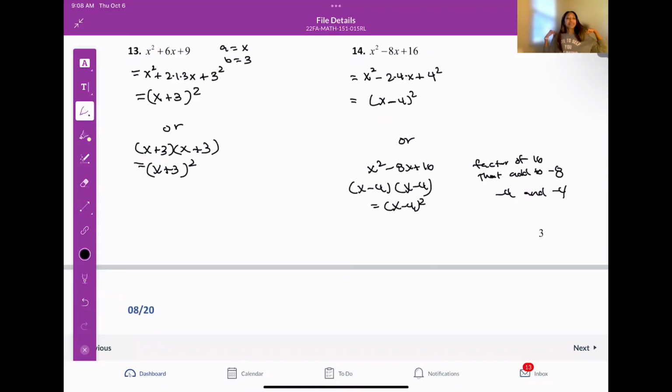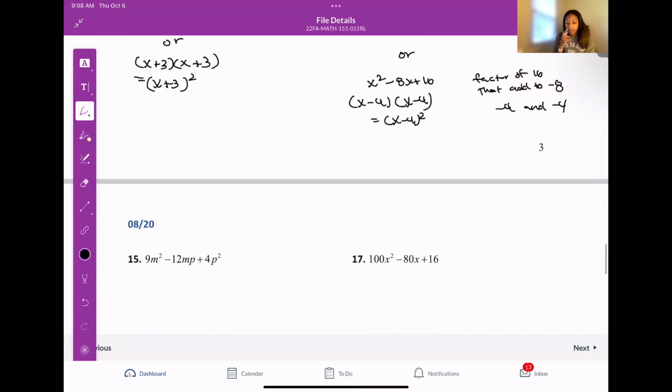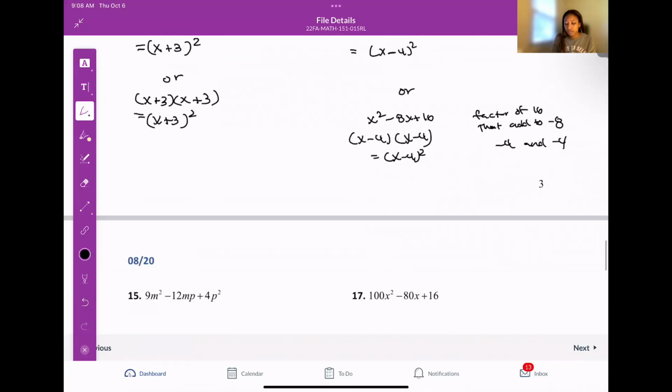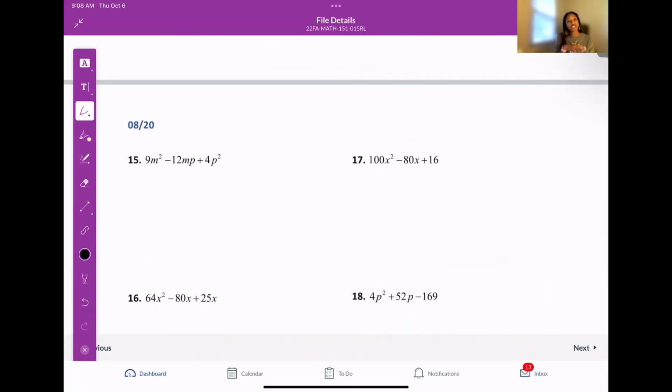All right, these aren't that bad because the first term is x squared. But when we get to problems like 15 or 17, it's nice to notice the patterns we're given for factoring perfect square trinomials, because we have coefficients for our squared terms that aren't 1.